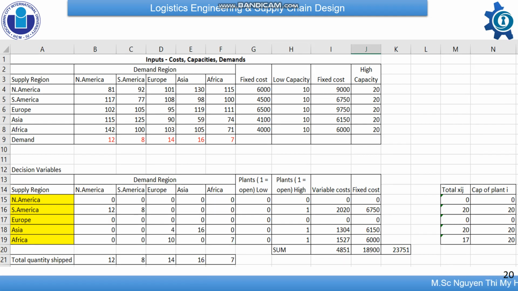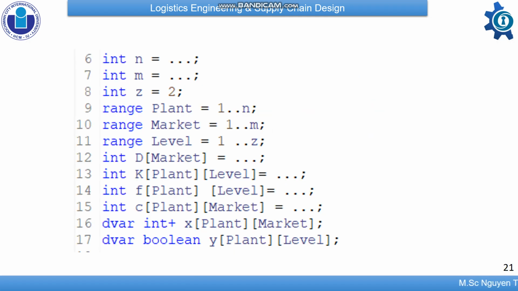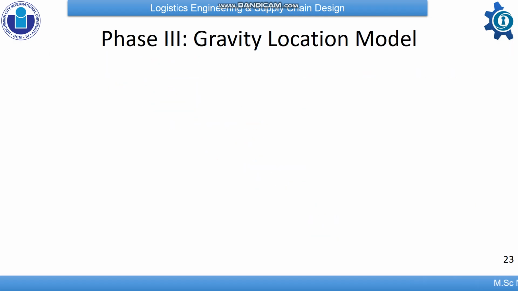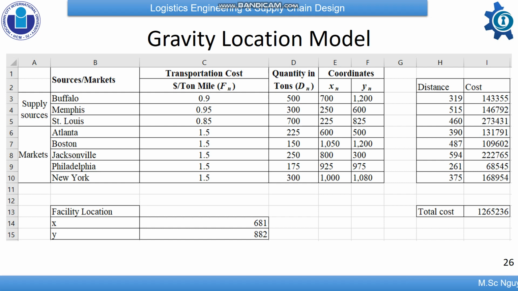So I will not teach you again because we already learned it carefully in the last lesson. So please use Solver in Excel or Cplex or Lingo to solve this problem for me.